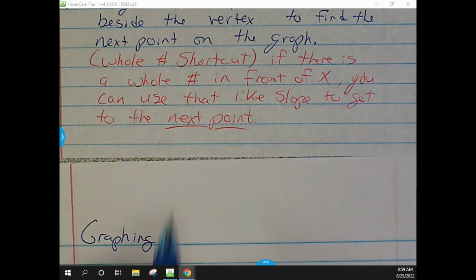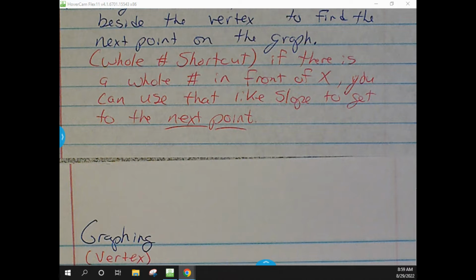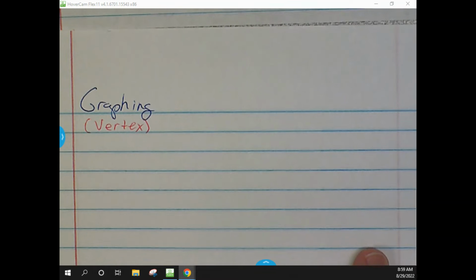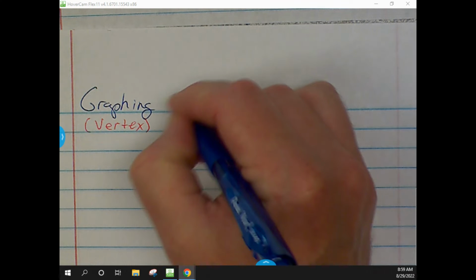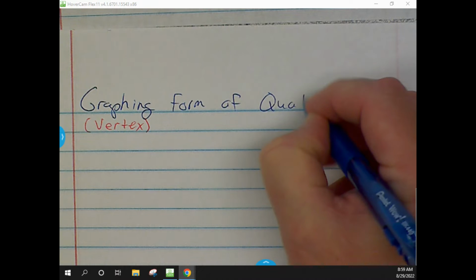Sometimes they call it graphing form. Sometimes they call it vertex form. Some books call it something a little different. Sometimes they go back and forth on those two. So if it talks about graphing or vertex form, just realize it's the same thing.